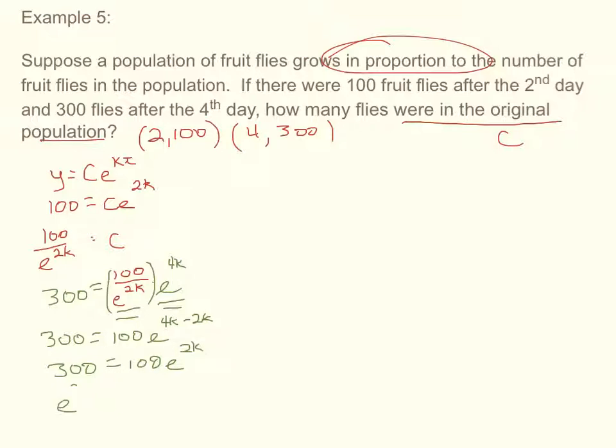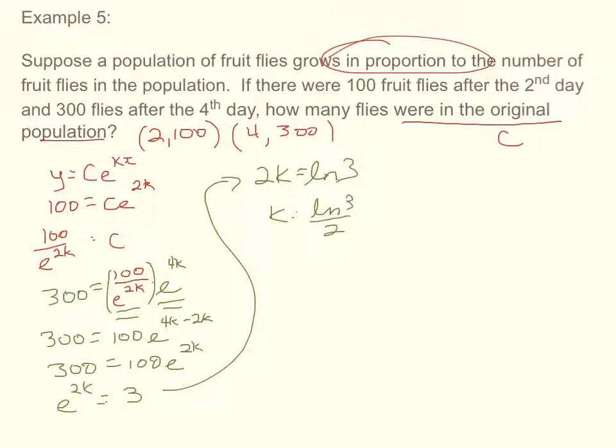So e to the 2K equals 3, because that's 300 divided by 100. And then we would have 2K equals the ln of 3. And K is the ln of 3 divided by 2. A little bit long, but we found K that way.